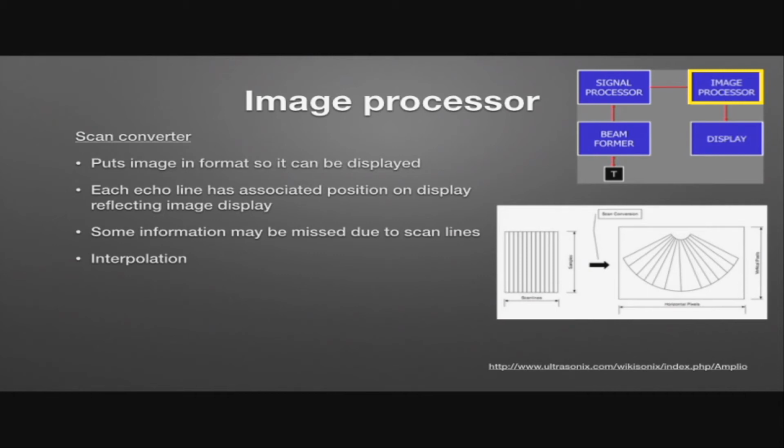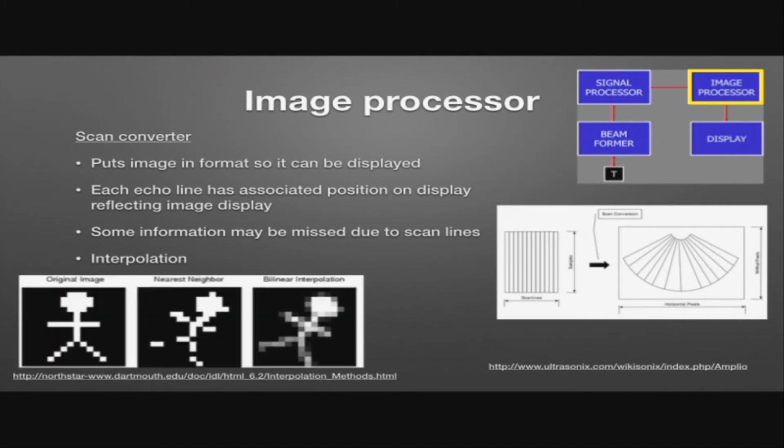What the scan converter is also going to do is, as well as associating each echo line with a position on the display, it's also going to try and fill in some of the gaps. Because if this information is coming in a linear format and we're putting it into a sector format, there are going to be areas of the image that don't have any echo information on them. And this is where a process called interpolation comes in, where you fill in the gaps between the scan lines with appropriate values.